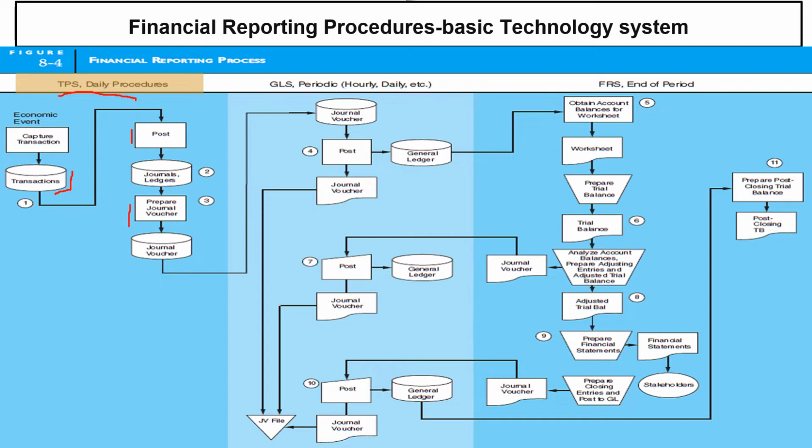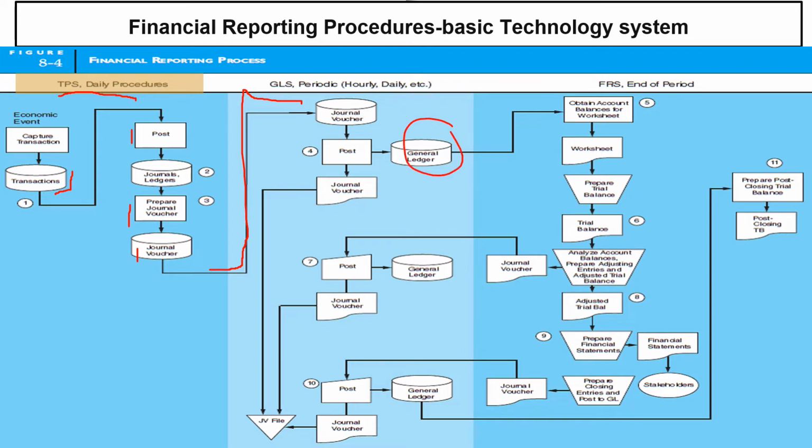After we prepare the journal vouchers for this transaction, we update the journal vouchers file, and if you recall what we said just now, the journal vouchers file is the source file for updating the general ledger here.